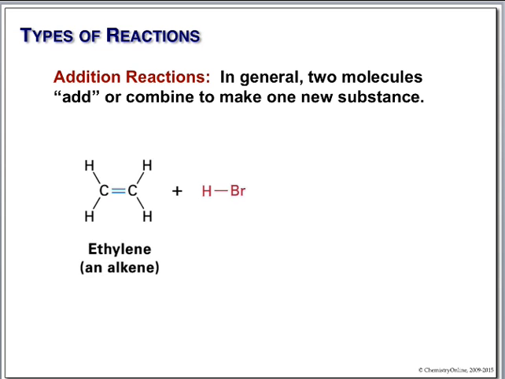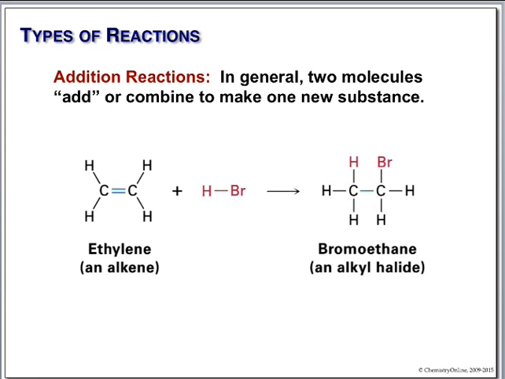And it will add something like a halogen acid, HBr, HCl, HI. And the product is an alkyl halide of some sort. Essentially, we're adding hydrogen to 1 carbon and the halogen to the other. We'll talk about this in detail and look at the mechanism of this reaction so we can predict the products.